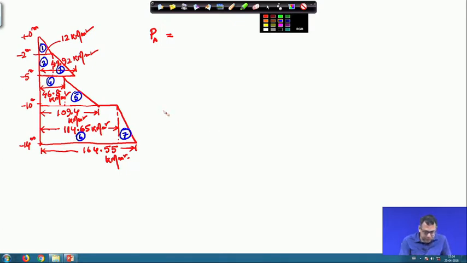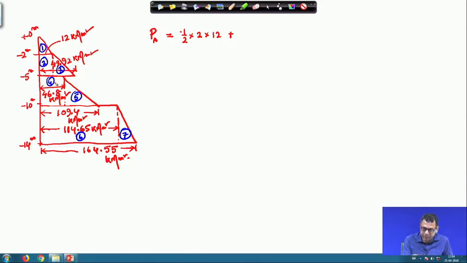So, the first one is a triangle: half, the height is 2 and the pressure is 12. This is for the first part. Now, the second part is a rectangle, and this is also 12.